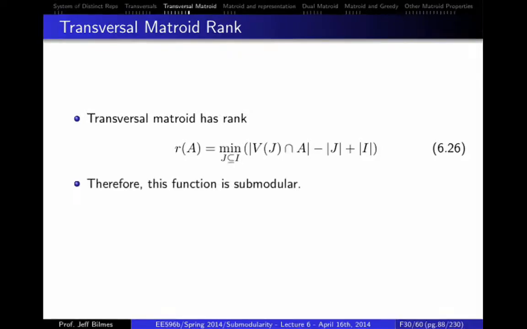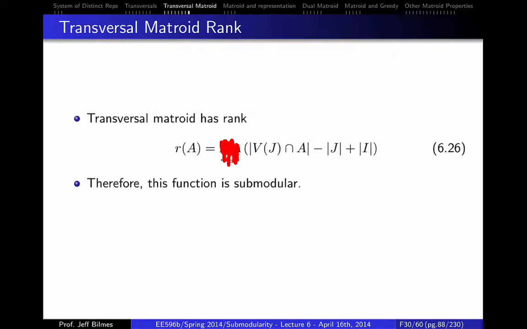So here's the transversal rank function that we've already seen, and in fact it is a submodular function, because we know that all rank functions are submodular. But what's interesting about this function is that this is the minimum over a set of what? For each j, what kind of function is it? Like if we fix j, rather than taking the minimum over it, just say that j is a constant.